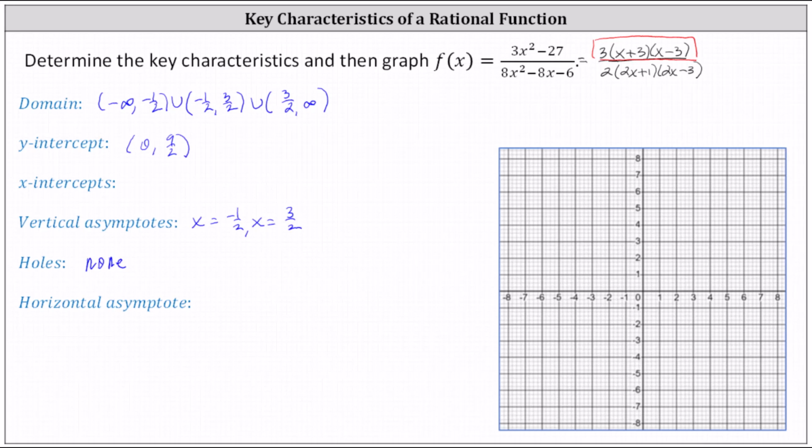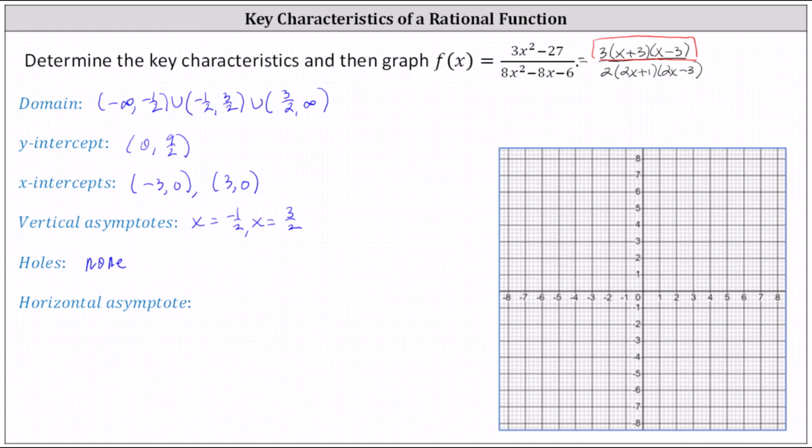Negative 3, 0 is an x-intercept. X minus 3 is equal to 0 when x equals positive 3. 3, 0 is an x-intercept. Notice when x equals positive 3 or negative 3, the numerator is 0, the denominator is non-zero, and therefore the function value is equal to 0.